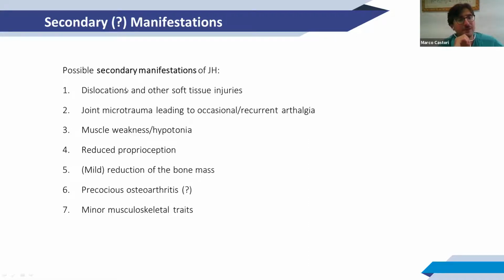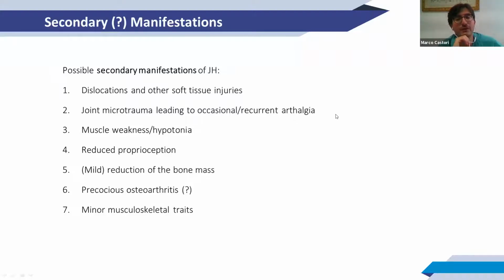Also, in the absence of dislocations, joint hypermobility predisposes to recurrent joint microtrauma. And this can lead directly to pain and, for example, degenerative diseases like precocious osteoarthritis, although literature is still preliminary and still not clear around this point, sorry.